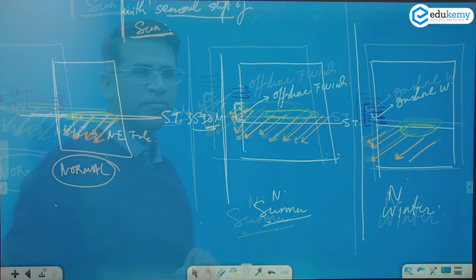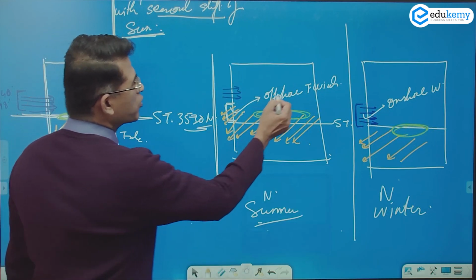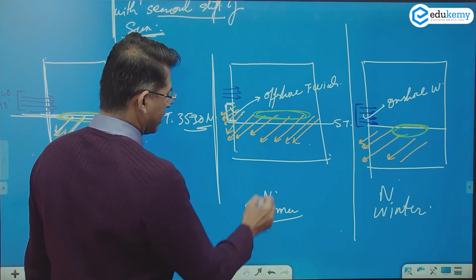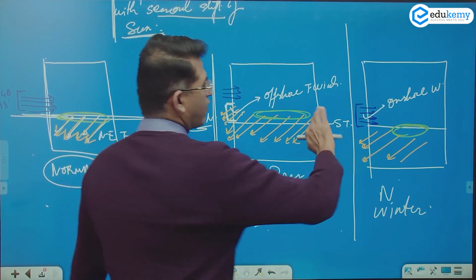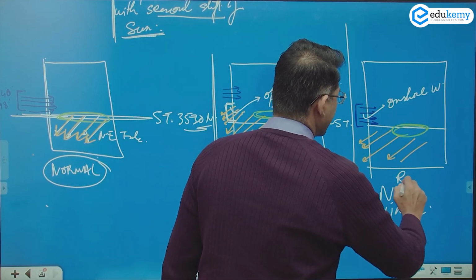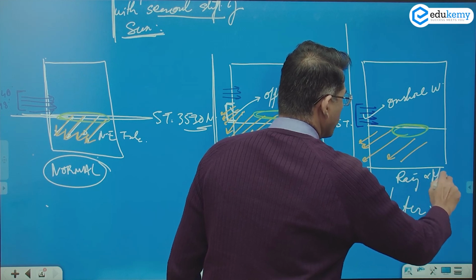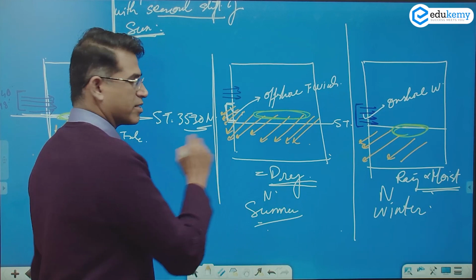Is it okay? How the wind systems go north and come back, go north and come back. So if I have offshore trade winds, what does it mean? This means dry conditions. If I have onshore westerlies, what does this mean? This means it is rainy and it is moist.